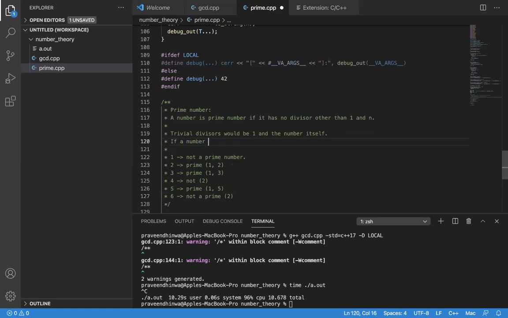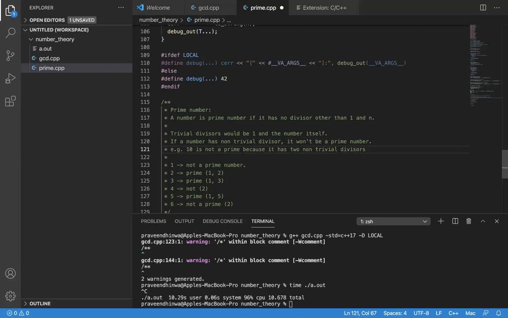For example, 10 is not a prime because it has 2 non-trivial divisors, 2 and 5. It also has divisors 1 and 10, but those are trivial divisors, divisors by default.